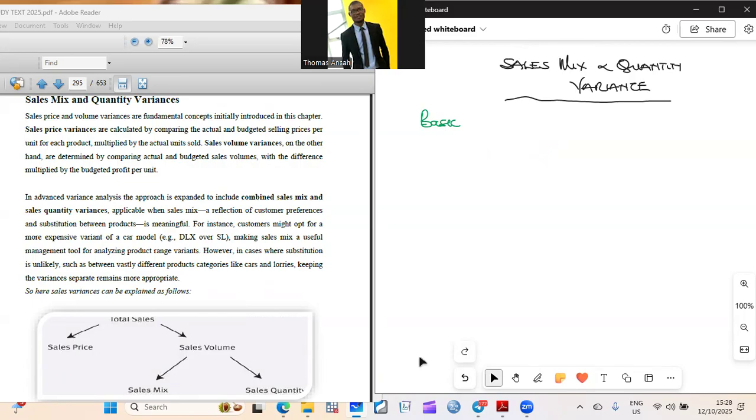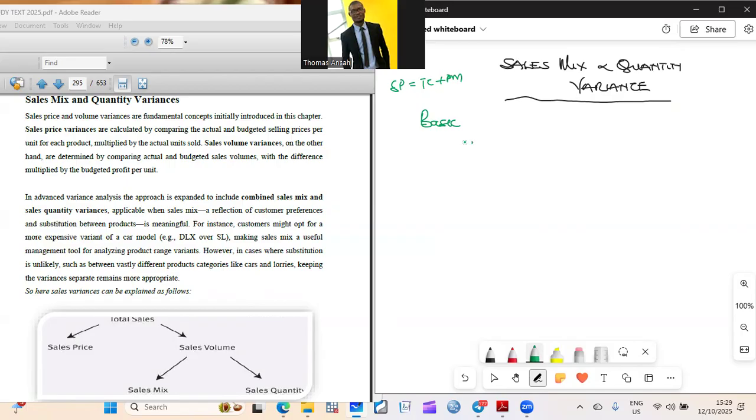Because when we say selling price is cost plus margin, remember, in any costing system, we know that selling price is equal to your total cost plus your profit margin, what you put on top. That makes your selling price. So when we are looking at sales variance, yes, you went straight to give me the formula, and it is true.